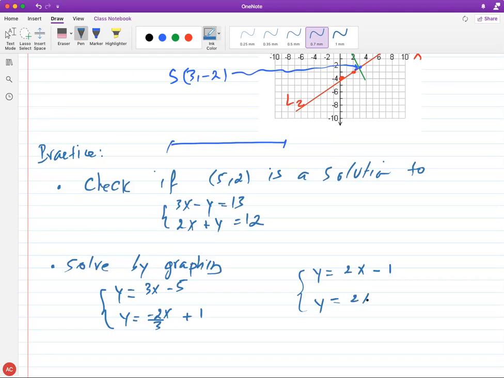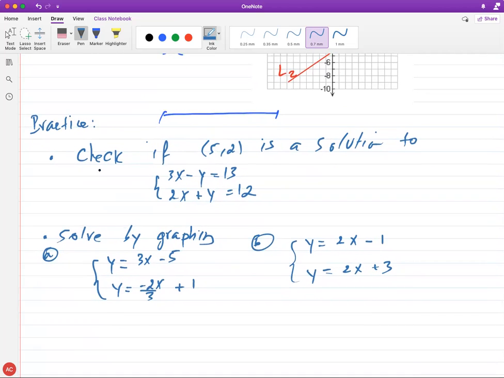You want us to put all 4 lines in the same graph, or you want 2 different graphs with 2 different lines each? Do a graph for each system. So this is one question. This is another one. So system 1, system 2. Okay, and this one just check for the solution. Actually, let me change this a little bit.